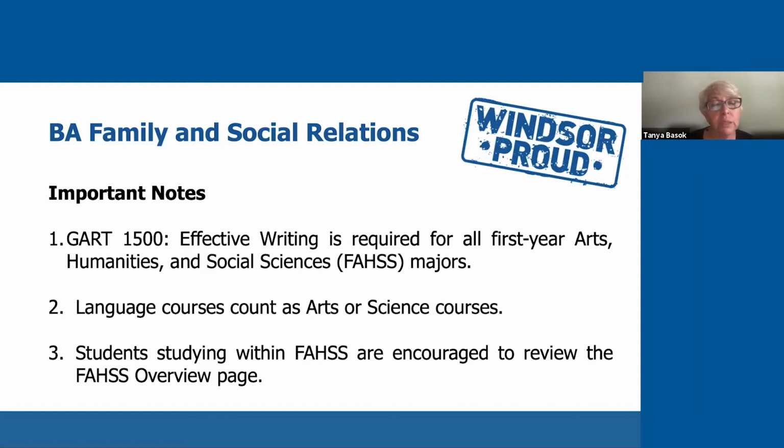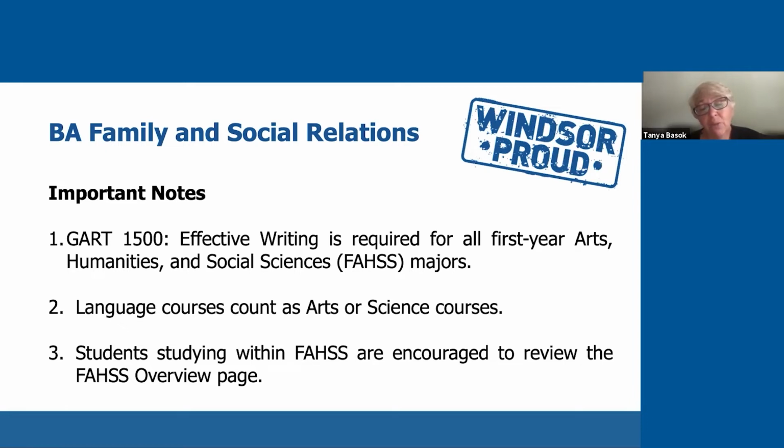You also will need to take an arts course and a language or science course, and some courses that are listed on the languages count as arts courses. Some count as language/science. And so when you look these courses up on the web, you'll see which ones count as arts and which ones are language/science.